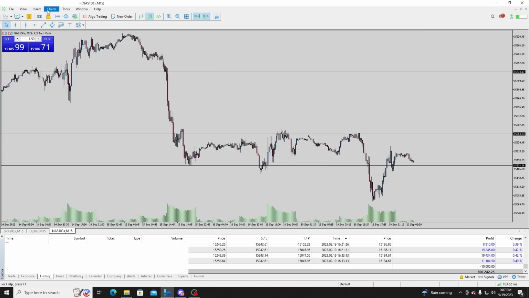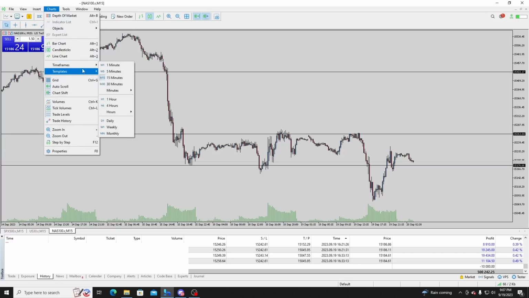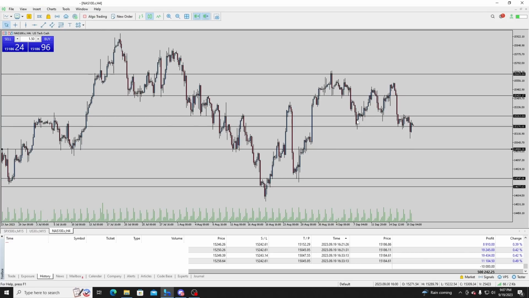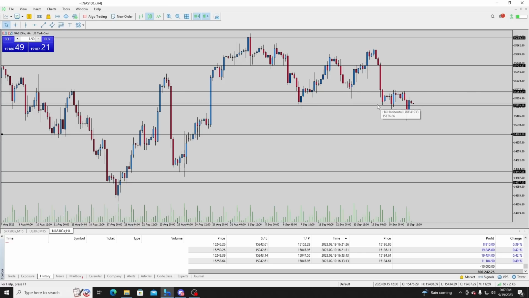Now, when it came to my exit on the entire trade, it really came down to the 4-hour time frame. Again, this is an area of support that I was paying attention to that in the past held as support, and in the more recent relevant past, it held as support there again.